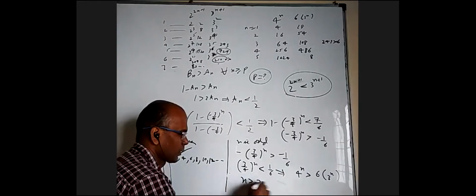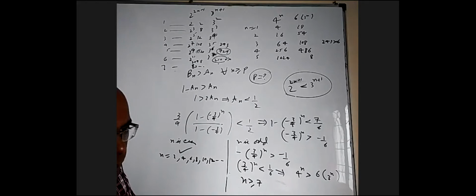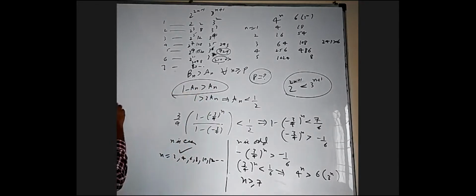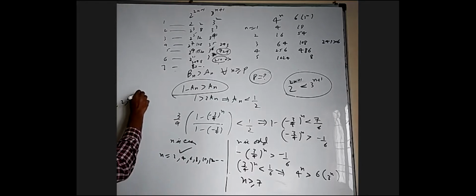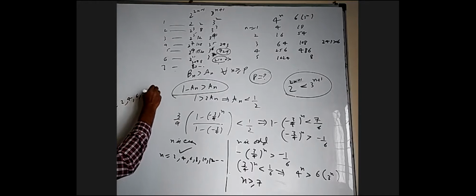Okay. So if you combine this and this together, this statement is true for what? It is true for 2, 4, 6, 8, and 7, 8, 9, 10, 11, so on.